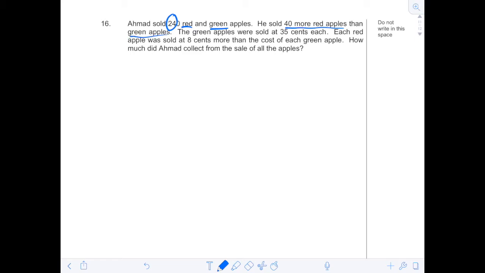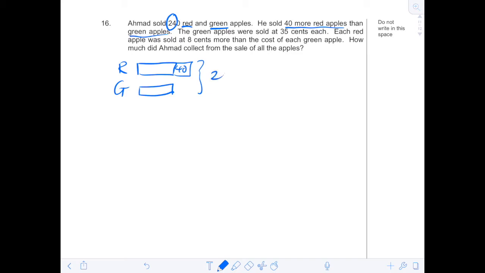red apples than green apples. Alright, so first we have to now find how many red apples and how many green apples there are. So if you're going to draw a model, we will have the red and we have the green, and because the red, there is 40 more, and this whole thing will be 240.